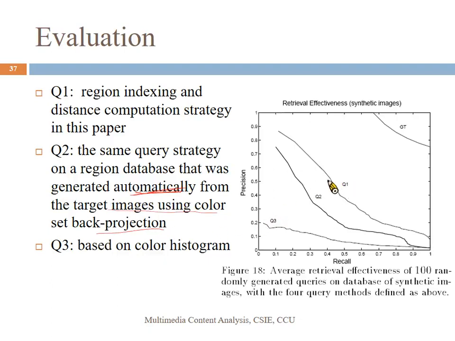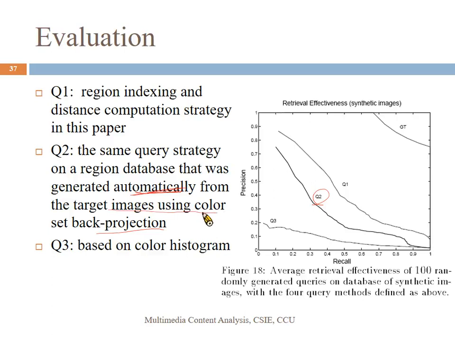So the difference between Q1 and Q2 is that in Q1 we already have perfect region segmentation results. In Q2 we use the color back projection method to do image region segmentation.